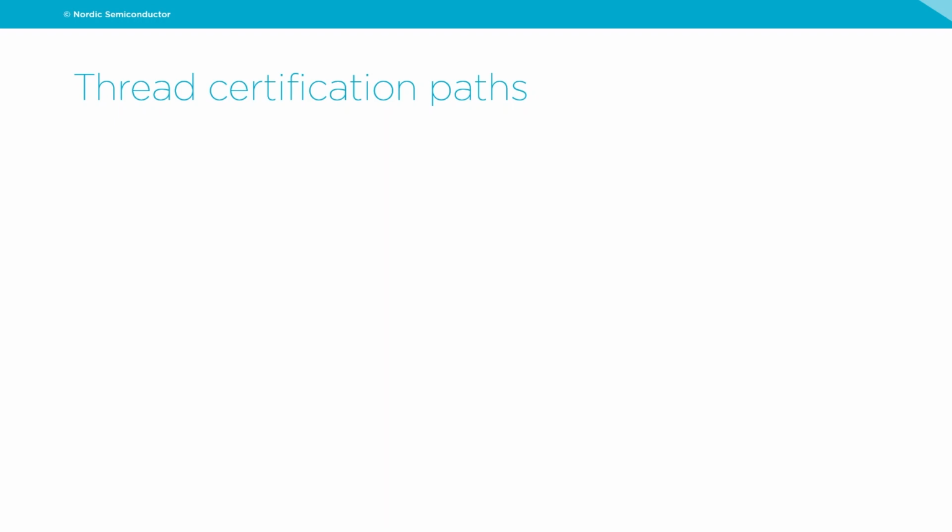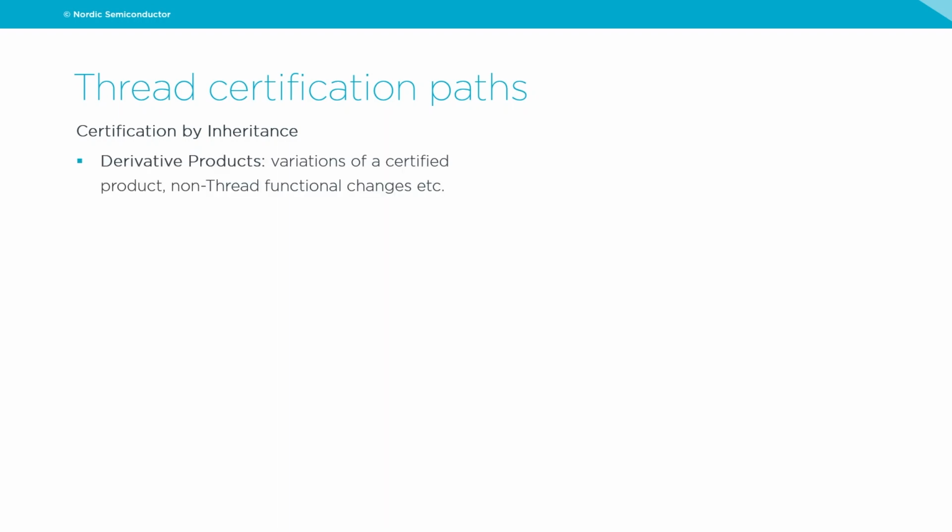Thread offers two certification paths. The first one is referred to as certification by inheritance. You can use this path for derivative products.